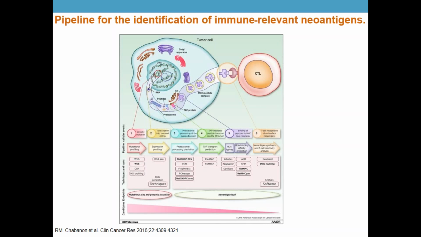Then you have to get these 7 to 9 long peptides into the endoplasmic reticulum and then to the surface. And there's something called the TAP system, which is the transporters associated with antigen processing, and there are algorithms to figure out which of these peptides are most amenable to TAP transport.